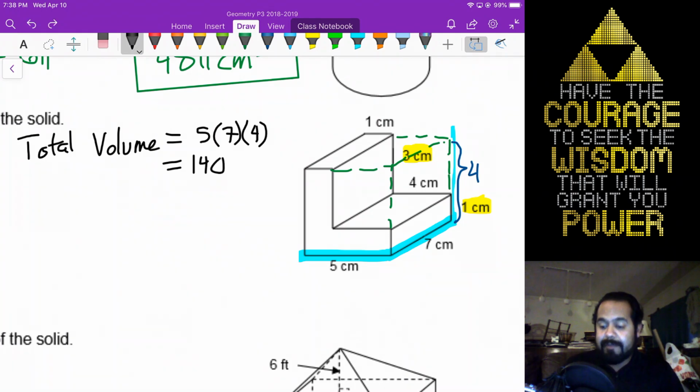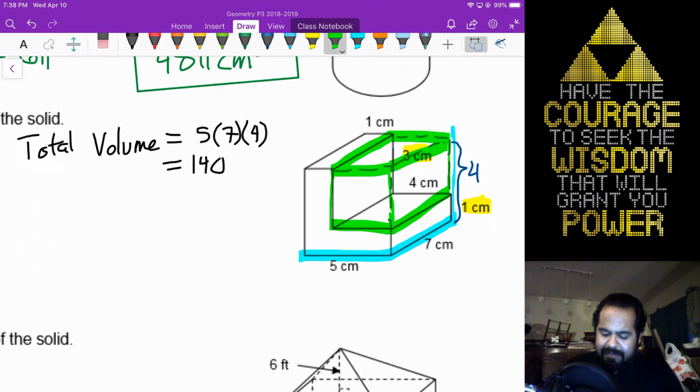And then we'll want to subtract from it that green block, that inside prism that we sort of created. To get rid of that piece, we need to find its volume. It's going to have the same length of 7 here. It's going to have a width of 4 here. And it's going to have that height of 3. So the missing piece is going to be 7 times 4 times 3.